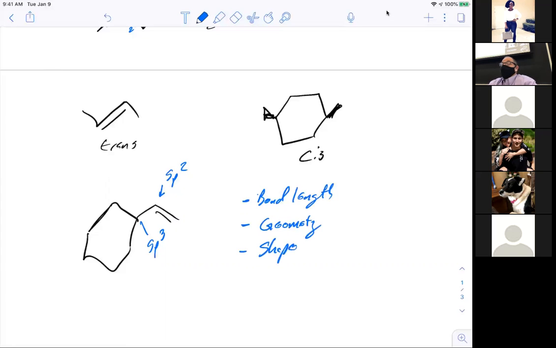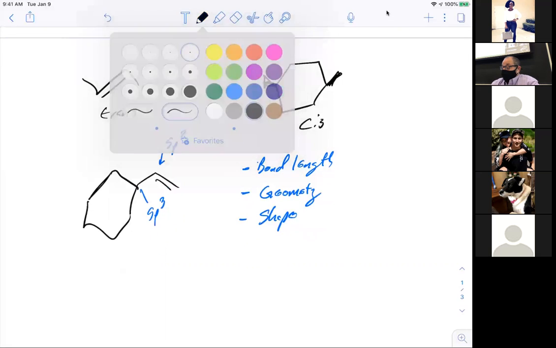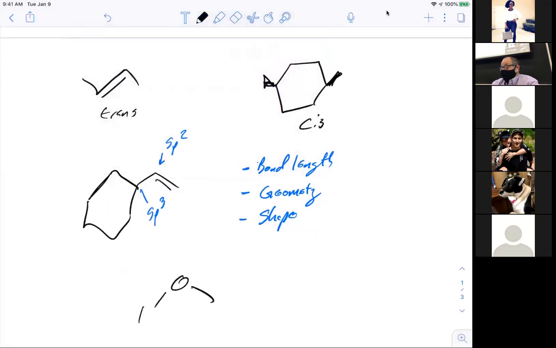So the geometry for water is still, that's an sp3 oxygen, it is still going to be tetrahedral. Right?